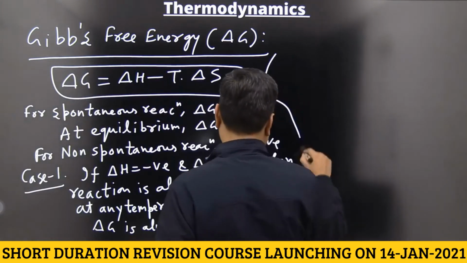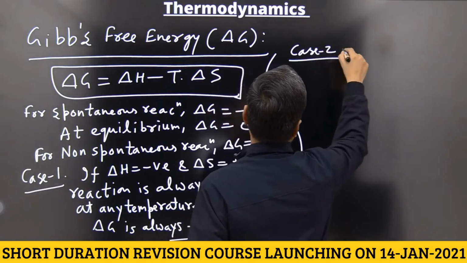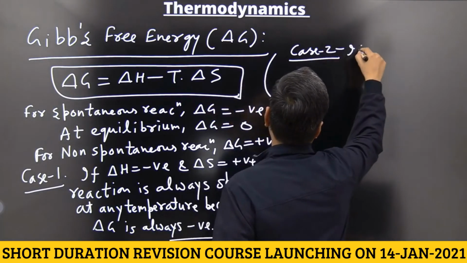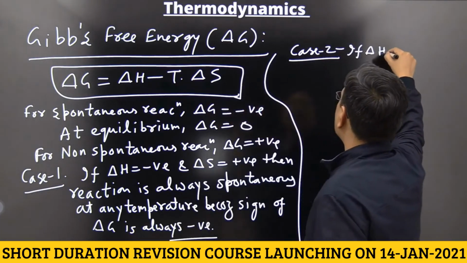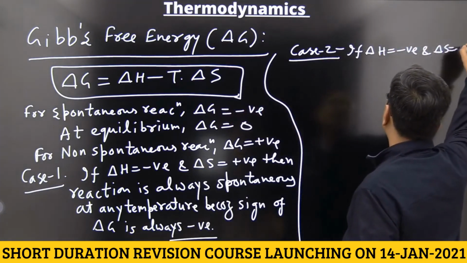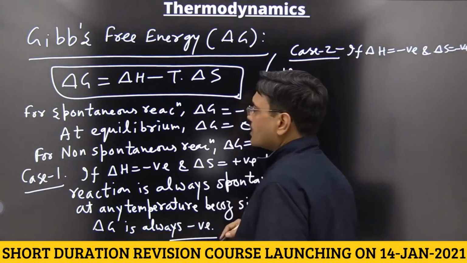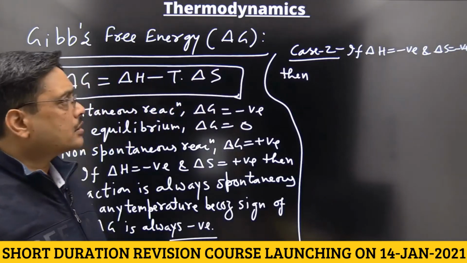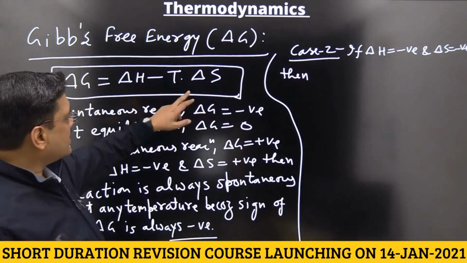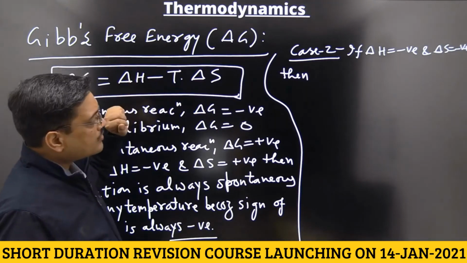Now case 2: if delta H is negative and delta S is also negative, then at what condition is the reaction spontaneous? When delta S is negative, then minus T delta S is positive, and delta H is negative.